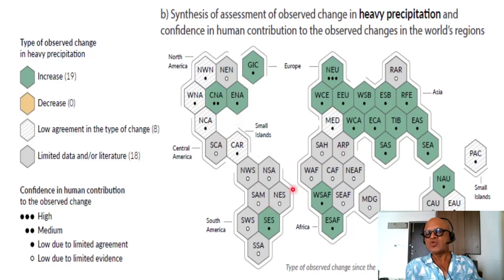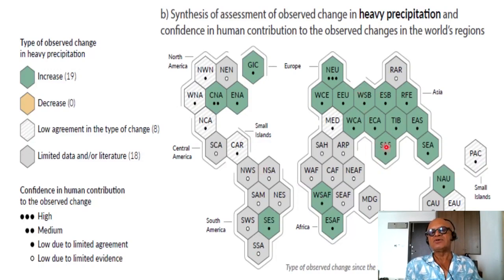There are basically no triple dots anywhere here. There are a few 2 dots, so medium confidence. Lots of regions have low confidence due to limited agreement or low confidence due to limited evidence. So precipitation is a problem for sure.